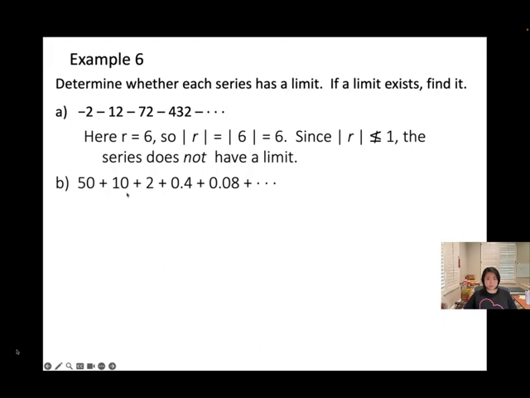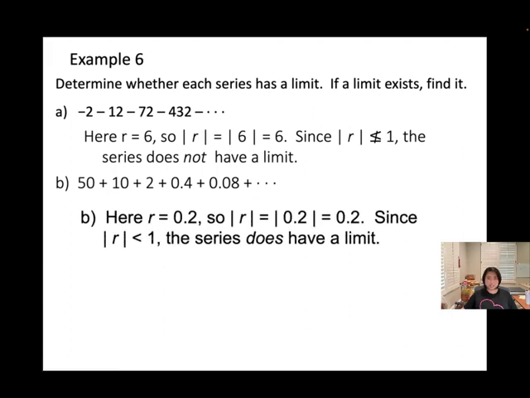Okay, B. Use 10 divided by 50. So the R will be 0.2. Okay, so 0.2, which is going to be less than 1 here. So you should see as n getting larger and larger, the number is going to converge to a number. Okay, so we should be able to find the limit.